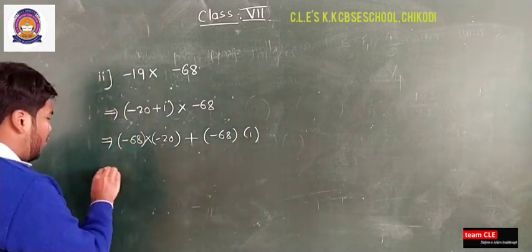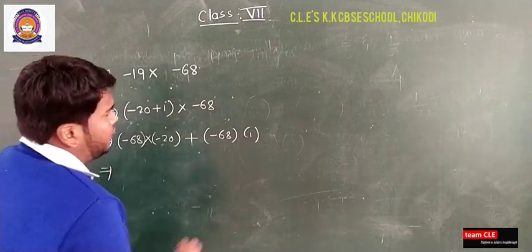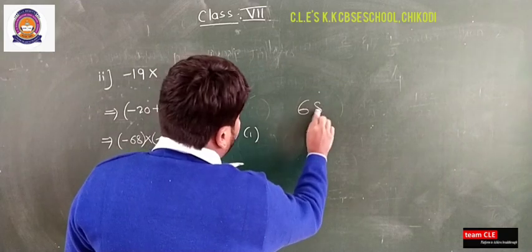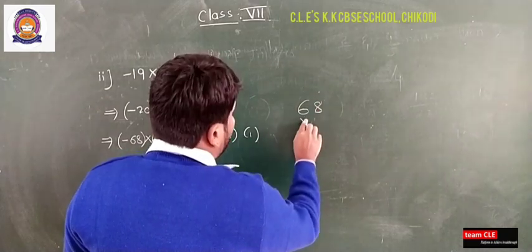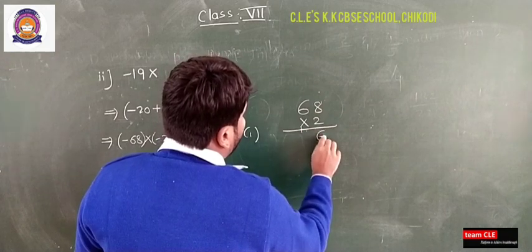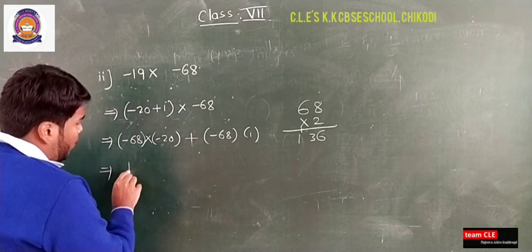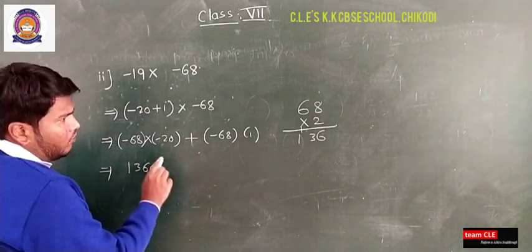So I solve this one. Minus into minus is plus, so you solve 68 into 20. 8 2s are 16, 2 6s are 12, 136. So you can write this as 1360.